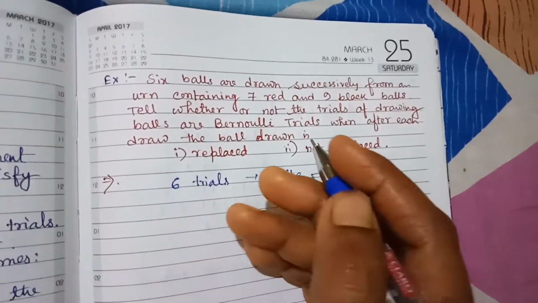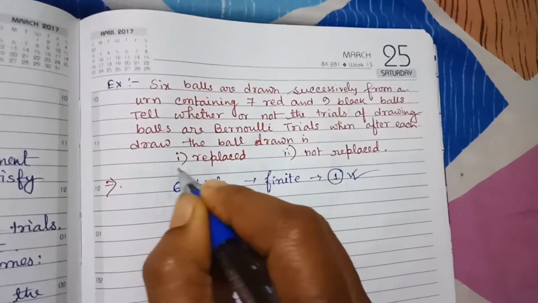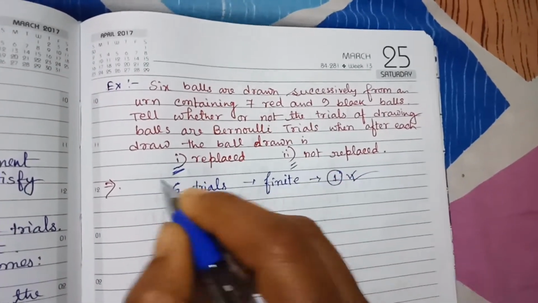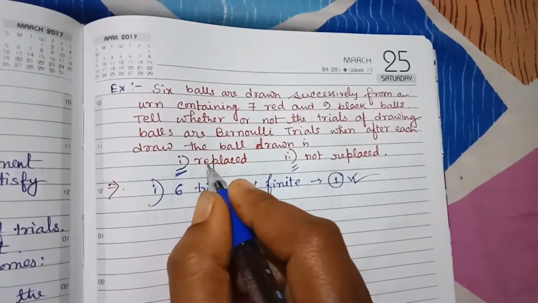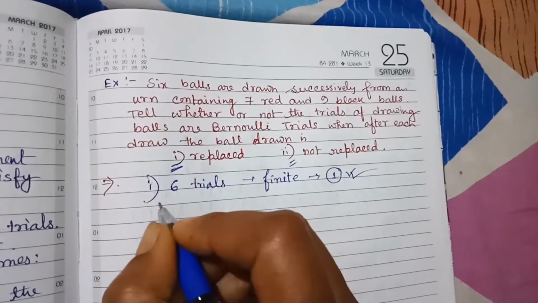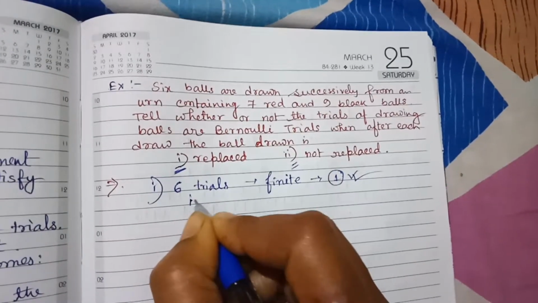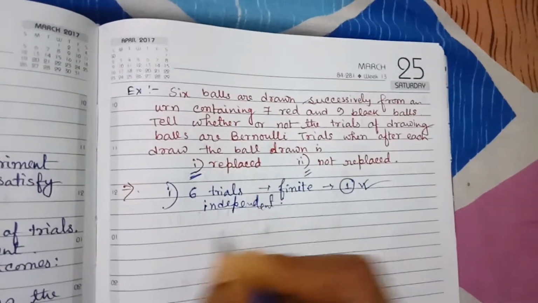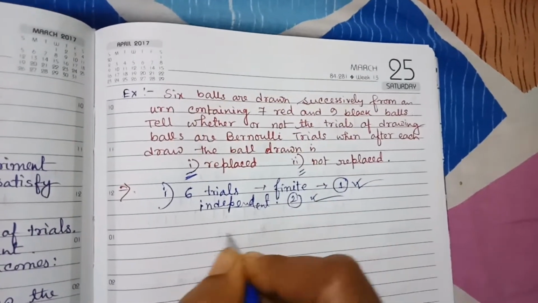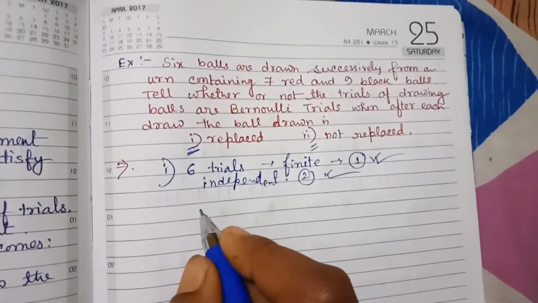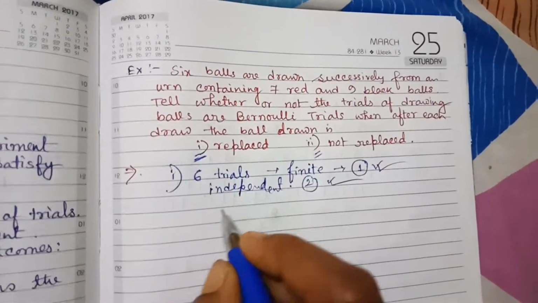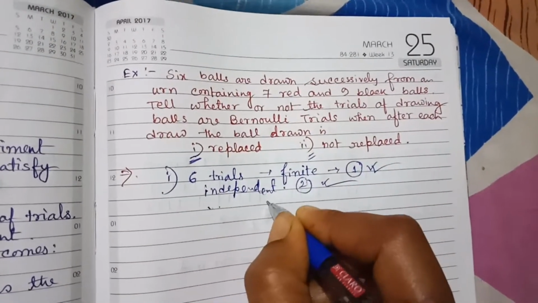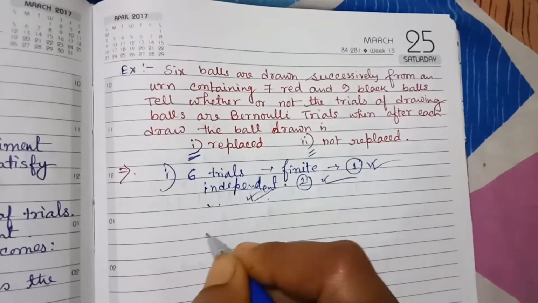We are doing this for the replaced case. Because the ball is replaced, the trials are independent, so condition 2 is satisfied. Number 3, there must be 2 outcomes, success or failure. So we can take getting a red ball as a success and getting a black ball as a failure. So that is also okay.